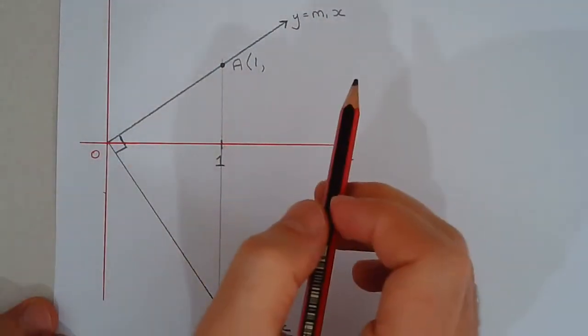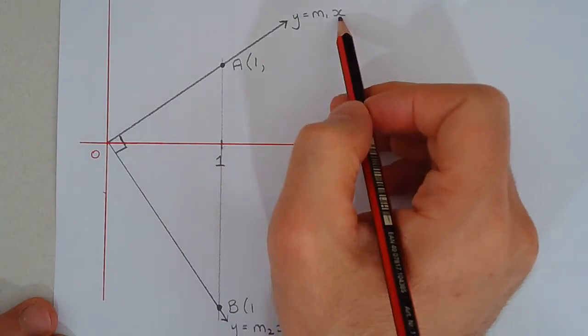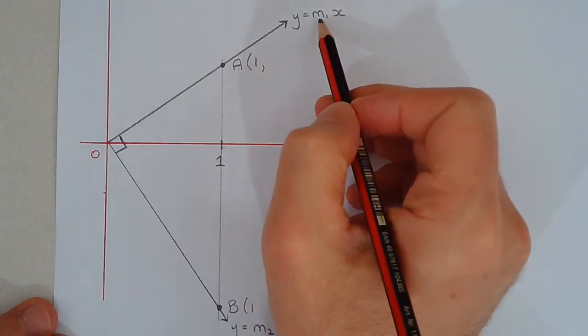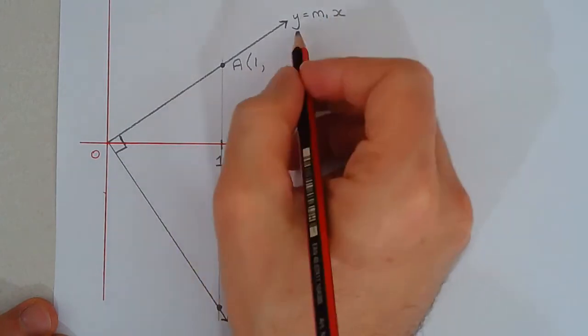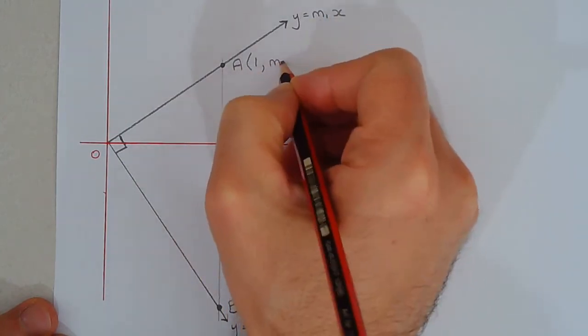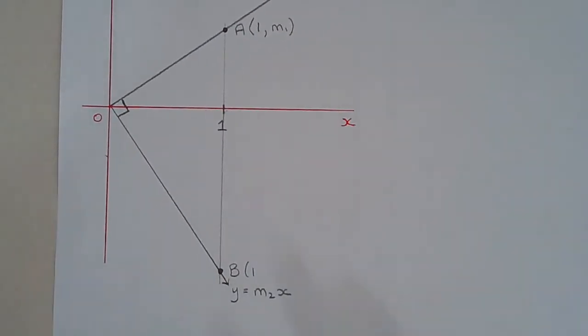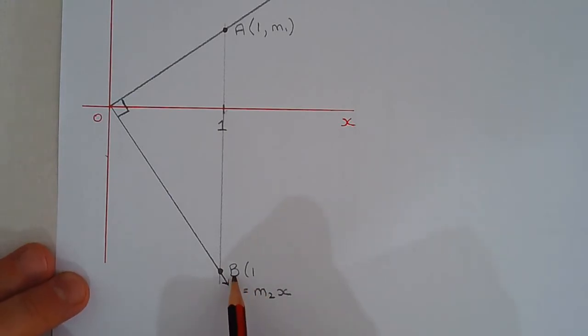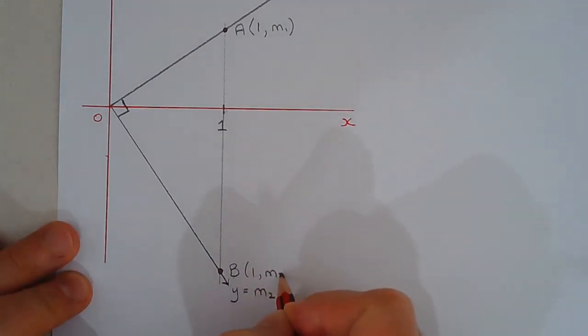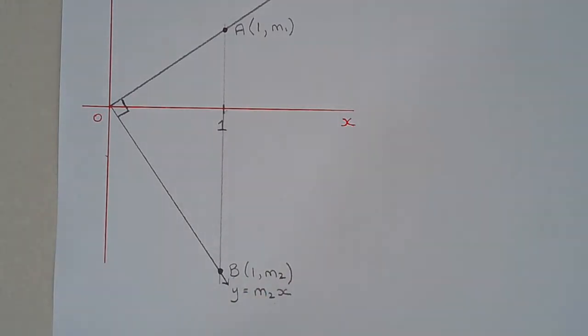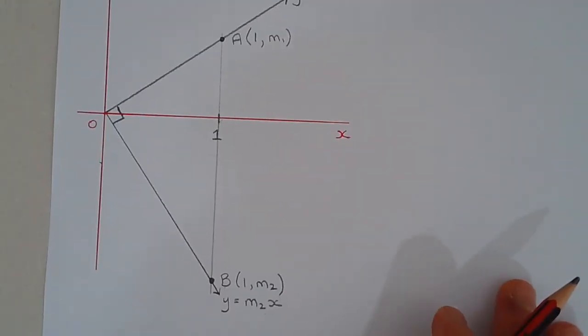If x is 1 and we multiply it by m1, the y-coordinate of point A will be m1. For the same reason, the y-coordinate of point B will be m2, since m2 times 1 is just m2. And we now have the coordinates for point B.